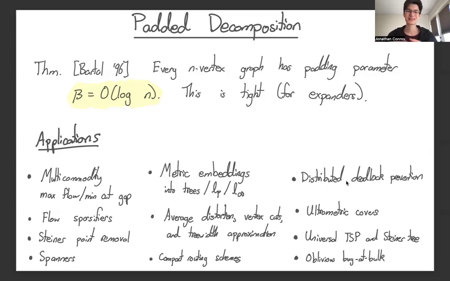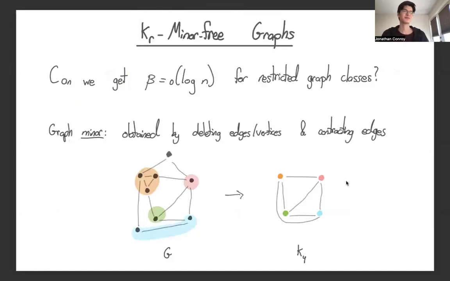But in general, there's just this host of applications. And for many of these applications, the quality of the solution we get is directly governed by the padding parameter beta. It's natural to ask, log n is tight padding parameter for general graphs, but can we do better on restricted graph classes? Because then we get all these improved applications for free.